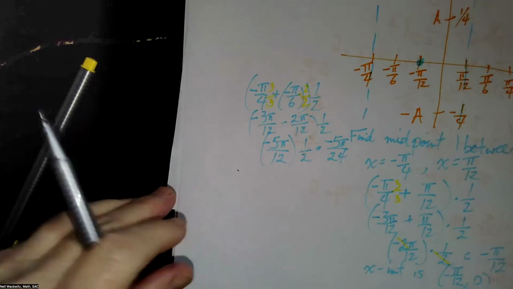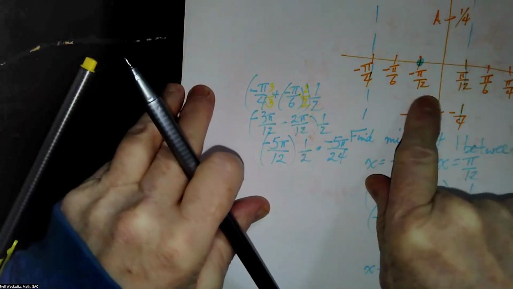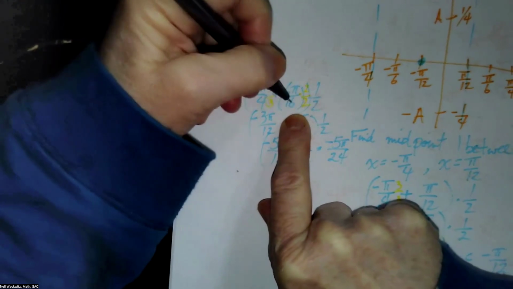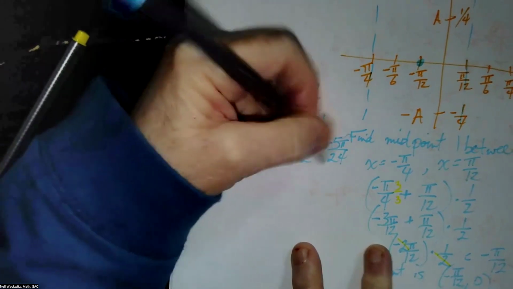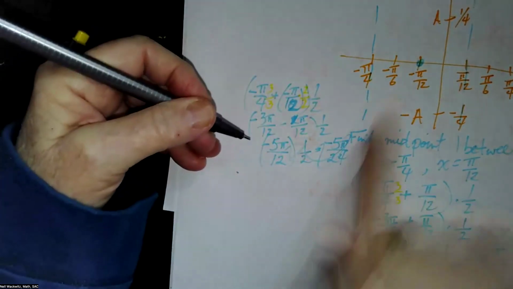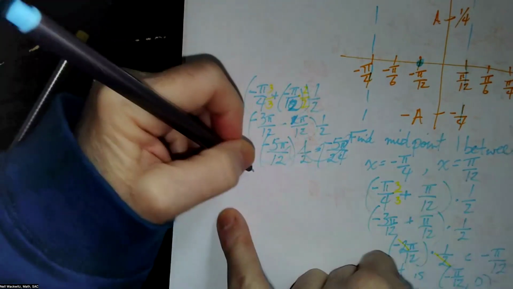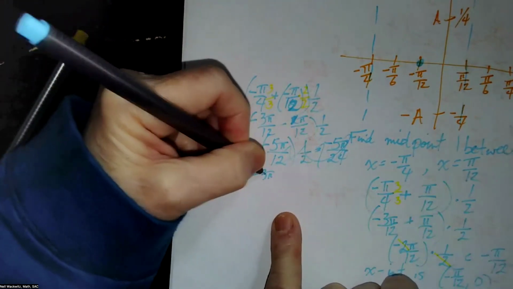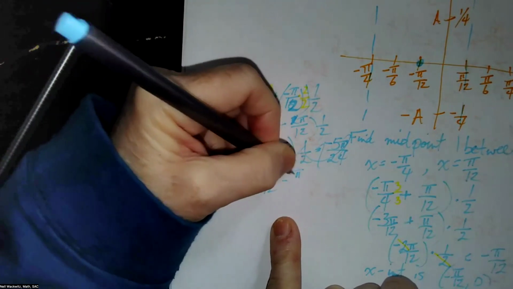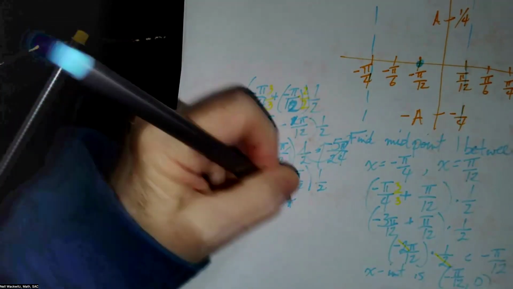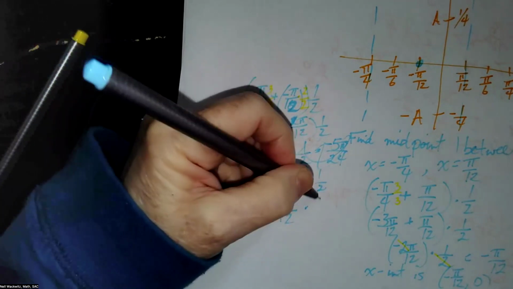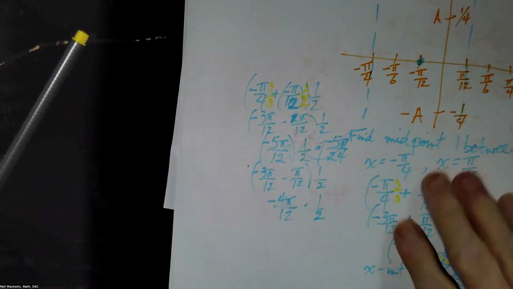Oh, okay. Duh. This is a pi over 12, not a pi over 6. I was thinking, this doesn't make sense. We should be getting negative pi over 6. Okay, so that gives us negative 3 pi over 12 minus another pi over 12 times 1/2. And now we get negative 4 pi over 12 times 1/2. And again, let's just reduce before we multiply.